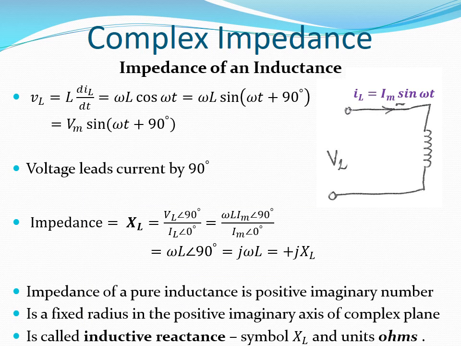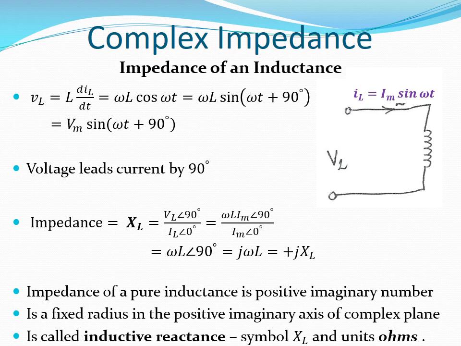Let's express voltage and current in phasor form and then apply Ohm's law. We obtain the impedance of the inductance as being equal to omega L at 90 degrees, which is equivalent to j omega L. Therefore, the impedance of a pure inductance is a positive imaginary number.